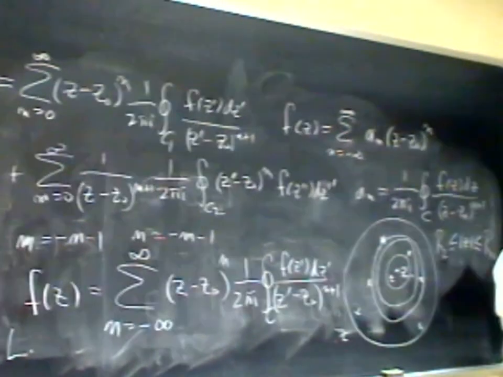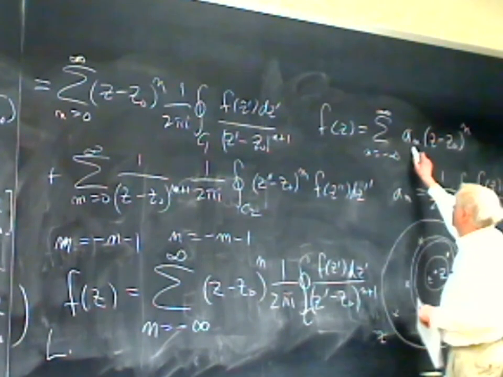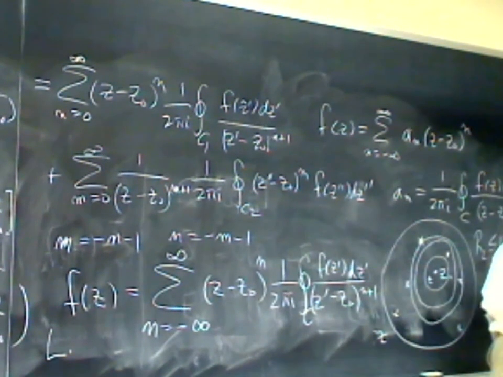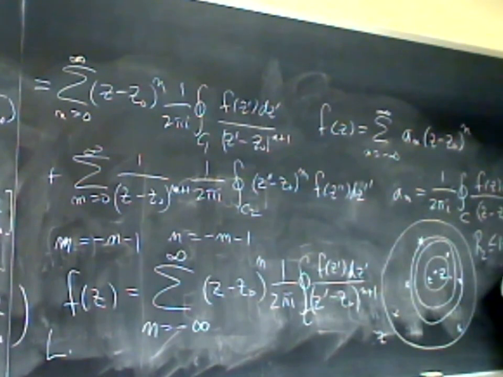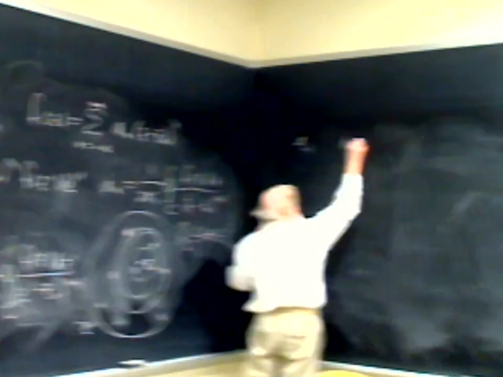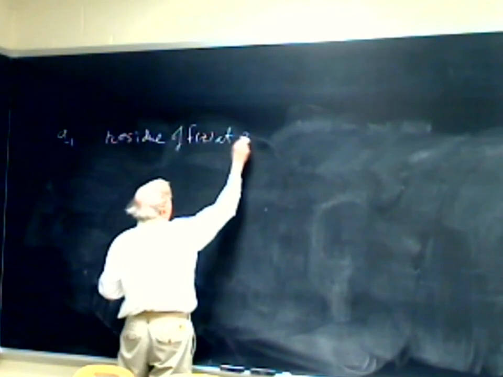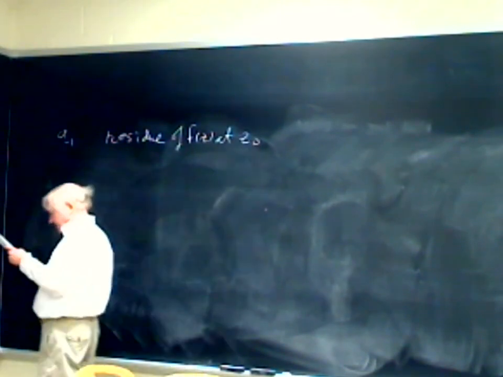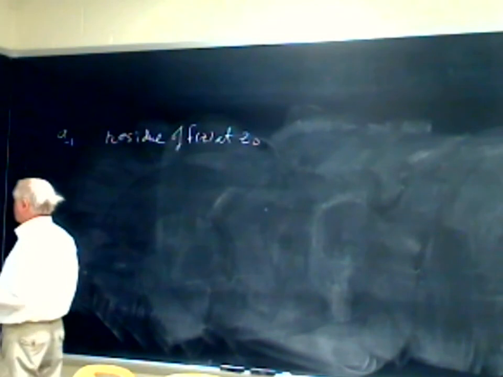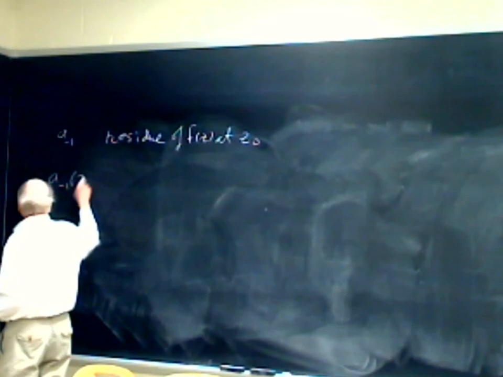All right, now we have some definitions. We have this series, and one of the coefficients stands out. A sub -1 is called the residue. The residue of the function. And in fact, what is this A -1? Well, A -1 of z0, say.